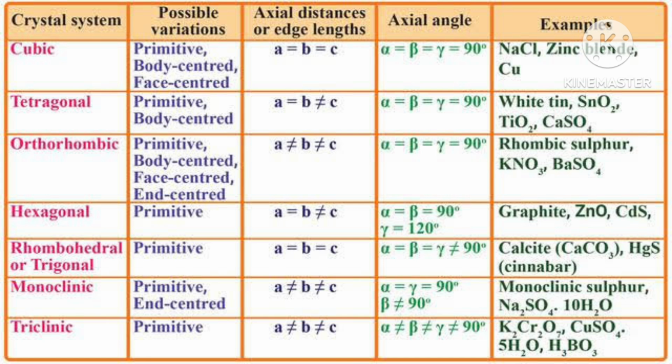Alpha is not equal to beta, beta is not equal to gamma, gamma is not equal to 90 degrees. It means no angle is 90 degrees. Its examples are potassium dichromate, copper sulfate 5H2O, and H3BO3, boric acid. Three examples are there.